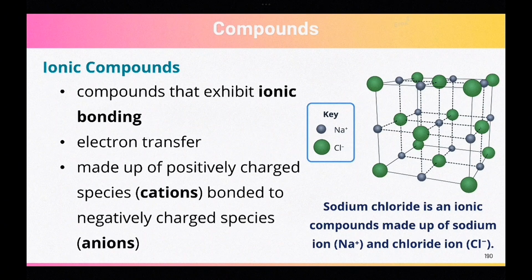If you observe here on the right side, sodium chloride is an ionic compound made up of sodium as an ion and chloride as an ion. So as you can see here, sodium chloride is considered an ionic compound.